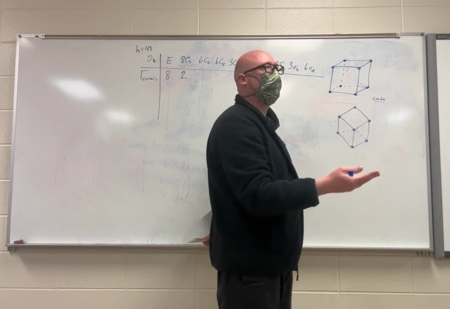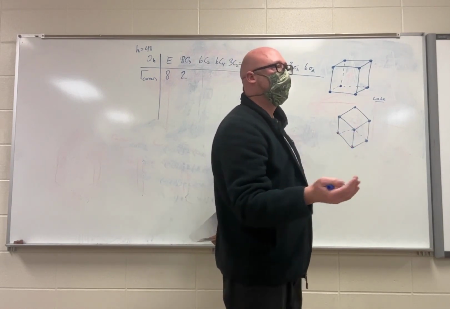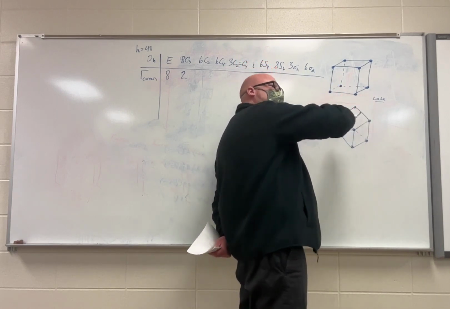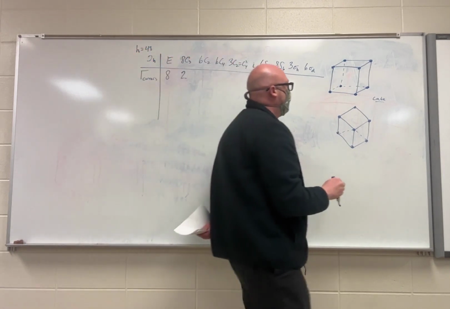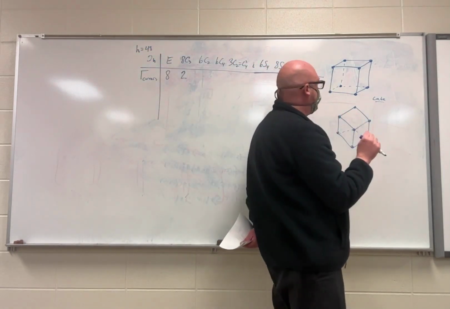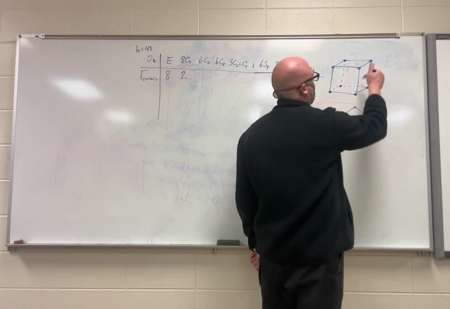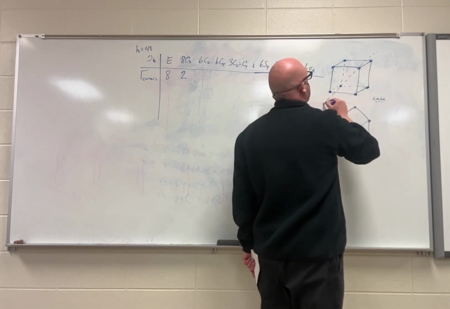And since I have 8 corners and 2 points in each C3, that's how you get 4 C3s. But for each C3, I can go clockwise, counterclockwise. That generates 8 operations. So what I'm going to do is just pick one of the C3 axes and just do one C3 symmetry operation. And I decided to pick the C3 that passes like this.